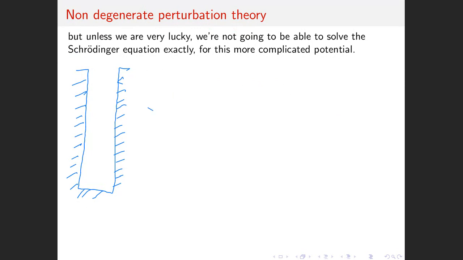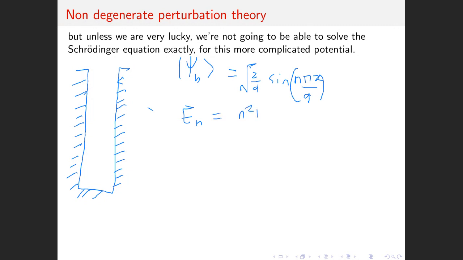So we know what the eigenstates are. Psi_n is given by the normalized function square root of 2 over a, times sine of n pi x over a. And we also have the exact energies, E_n, which are n squared pi squared h bar squared over 2 m a squared.